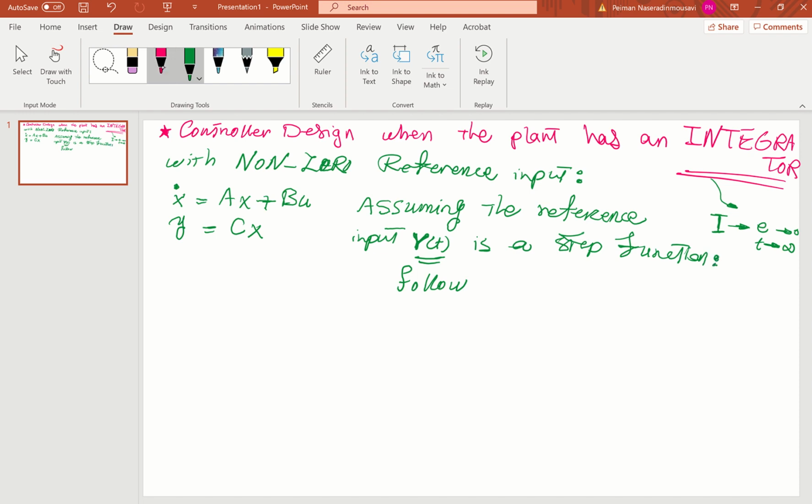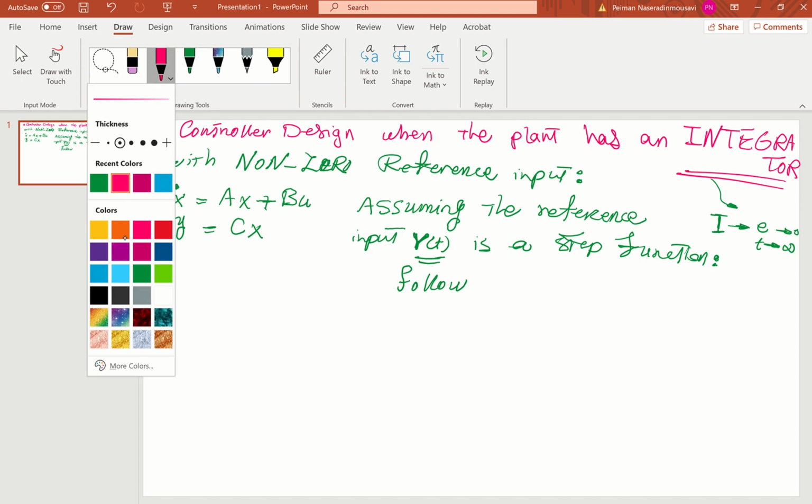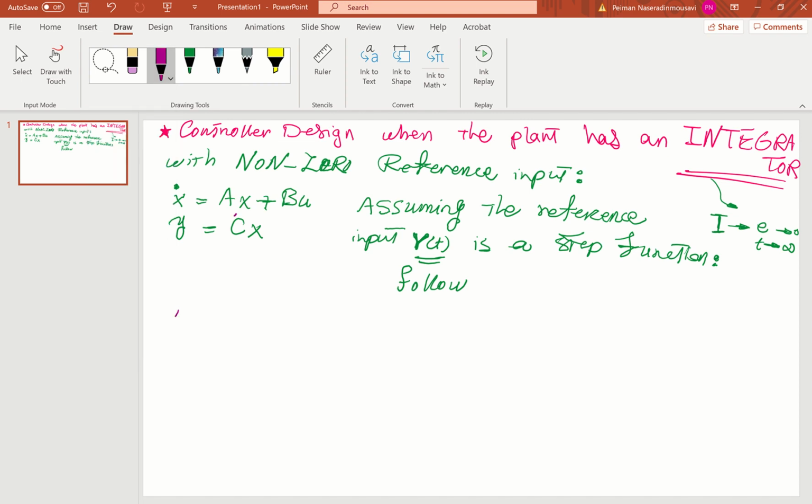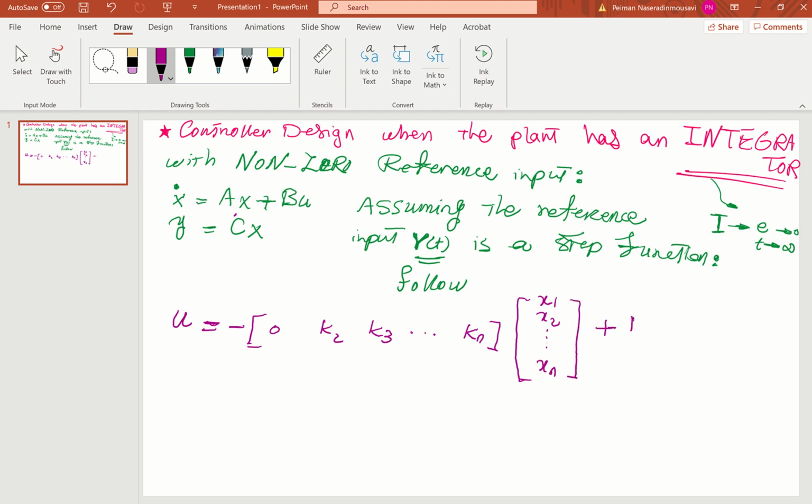So for this system, now you have to revise the state feedback control law. The state feedback control u is going to be minus 0, K2, K3, Kn for the nth order system, times your state variables x1, x2, xn, plus this.